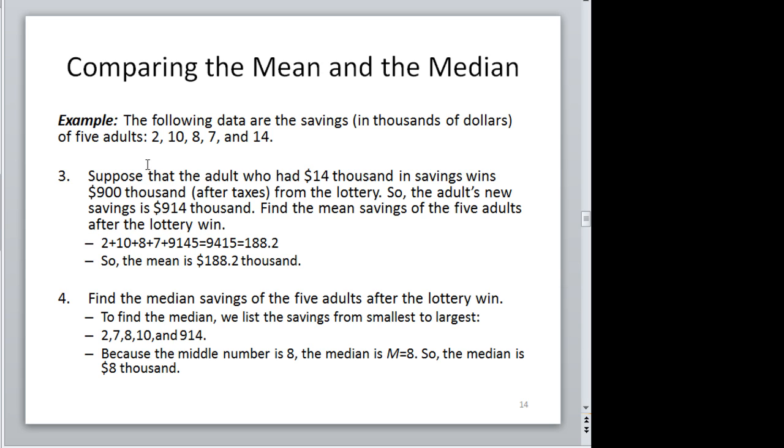Now, let's consider the third question. This is the same example. We have 2, 10, 8, 7, 14. Suppose that the adult who had $14,000 in savings won the $900,000 lottery. He or she won this $900,000.